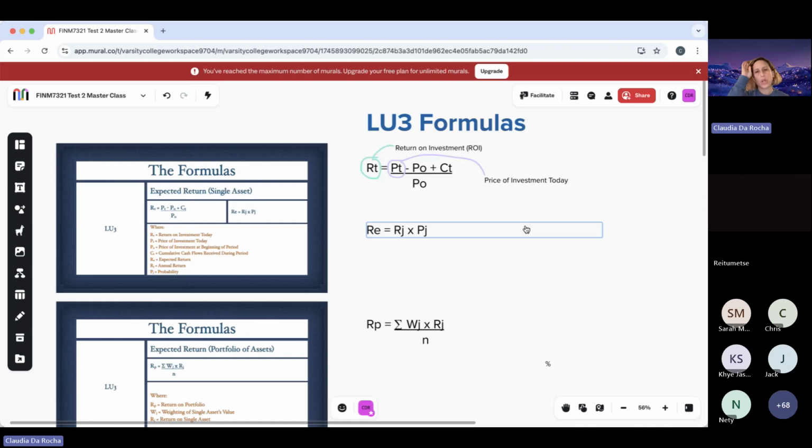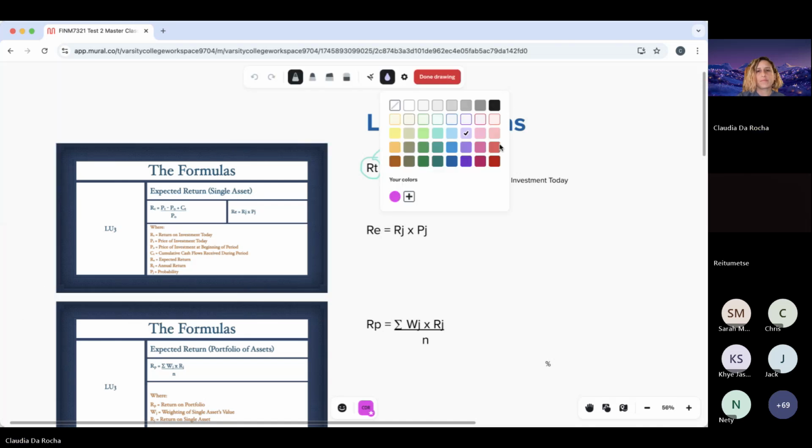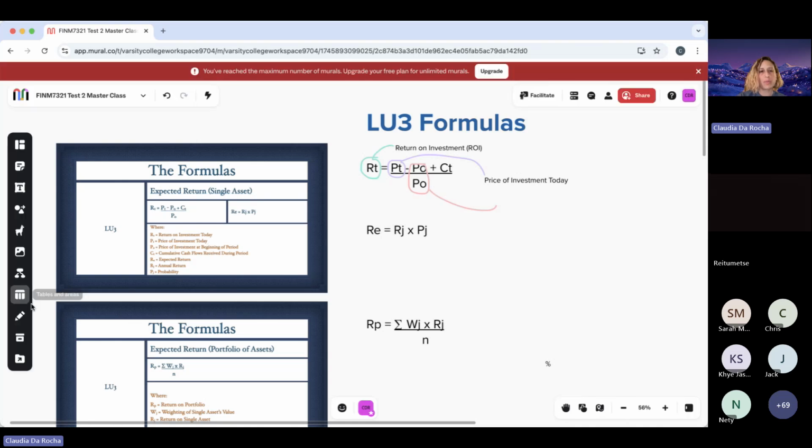So if you are working with a specific question, it's asking you for basically what it's worth at this point in time. Generally speaking, you're not always at the beginning of a period because that's what your P0 represents. So it's about what is the investment right now. So they need to obviously share that information with you. Okay, your P0 is the price of the investment at the beginning of the period. So if you have a 10-year period, it would be obviously in year 1.